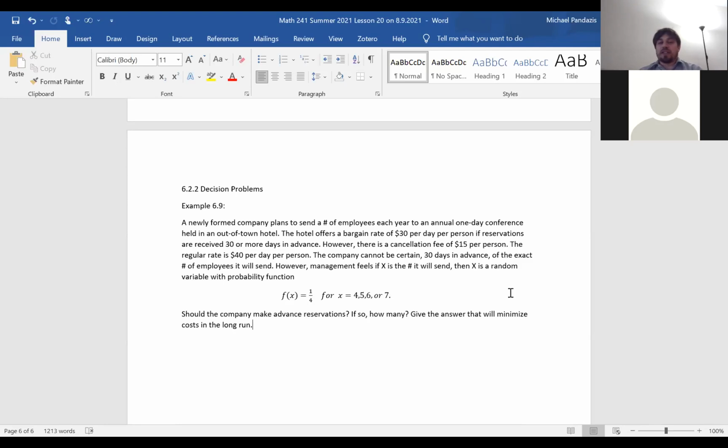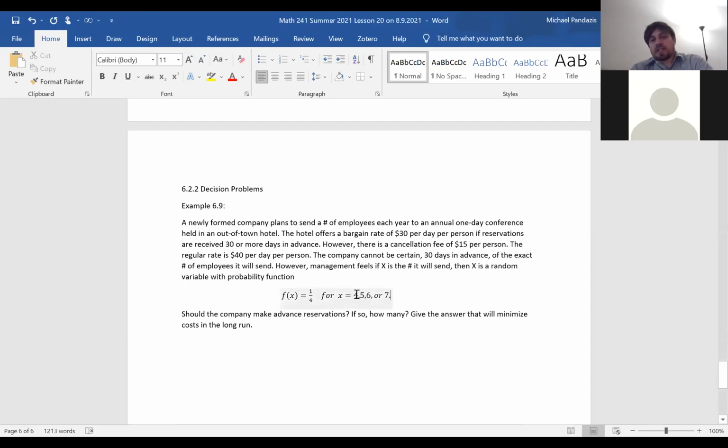Right, they're not sure how many employees will be sent, and so these X values are the possible numbers of employees they will send, and the probability is 1/4 for each of them.